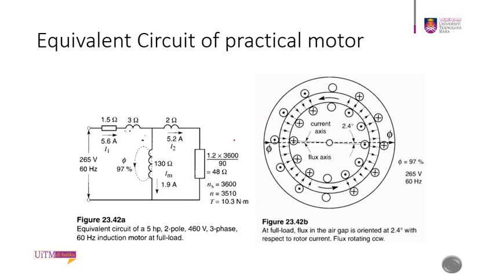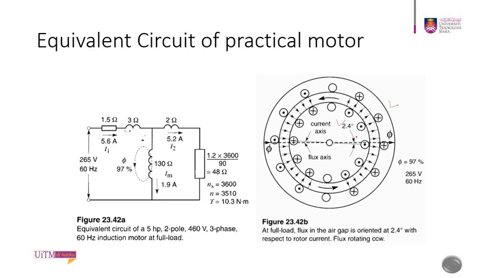The same equivalent circuit, and we can see at full load the flux in the air gap is slightly disoriented, but the orientation is just 2.4 degrees with respect to the rotor current. You can see this on the rotor side and on the stator side.